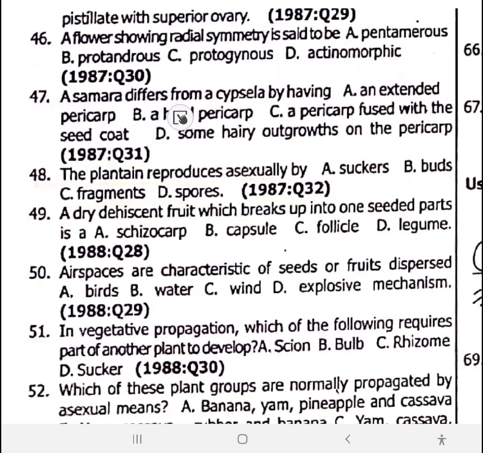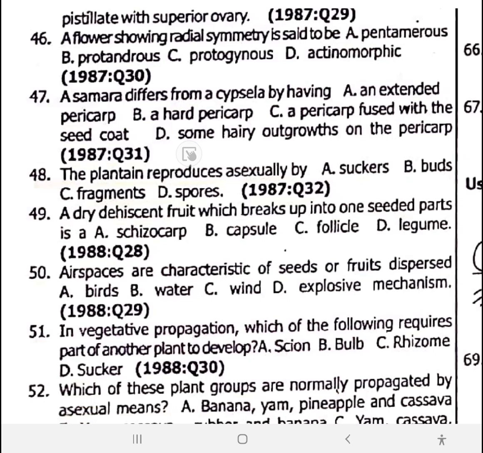47. A samara differs from a cypsela by having what? Why will a samara be different from cypsela? The extended pericarp in samara is modified into a wing. In cypsela, it is modified into tufts, T-U-F-T, or hair, or pappus.